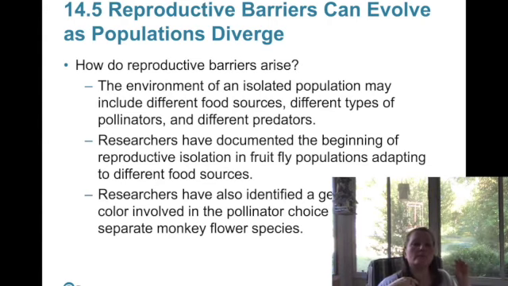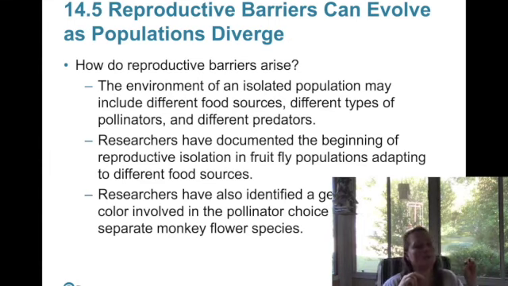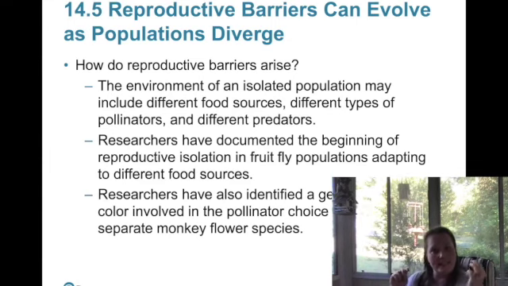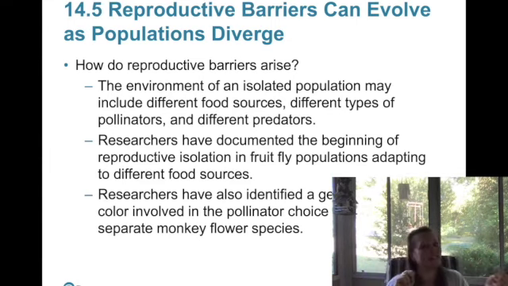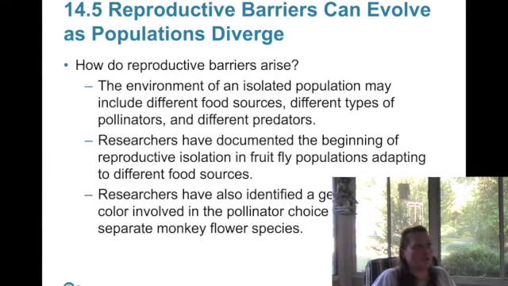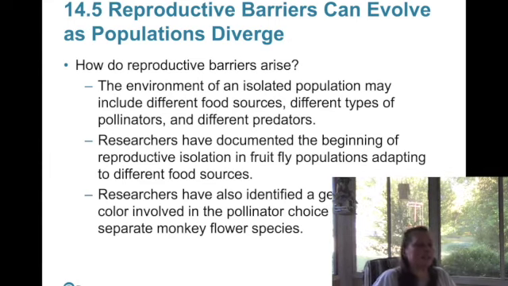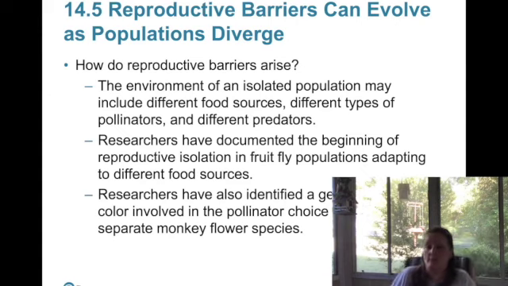And then researchers have also identified a gene for flower color involved in the pollinator choice that helps separate monkey flower species. Flower color is key. So is scent. I always find this interesting, and I think I talk about this more when we get to plants, but the way plants, I was about to say choose, they don't really choose, but you know what I mean. The way plants get their various pollinators is either by sight or by smell.